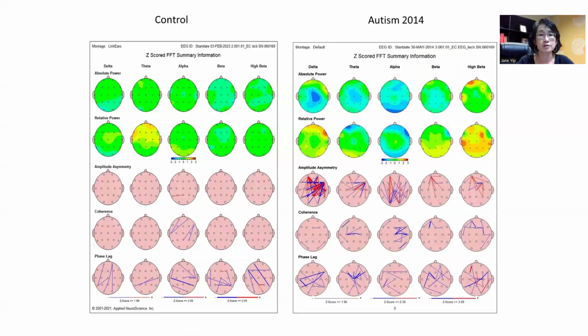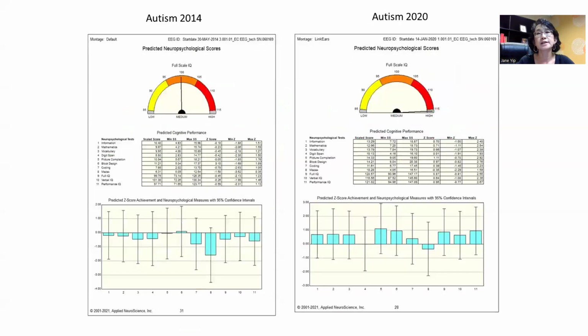So it is possible. Again, you see with this client an improvement in the predicted IQ score from 100 to 180.